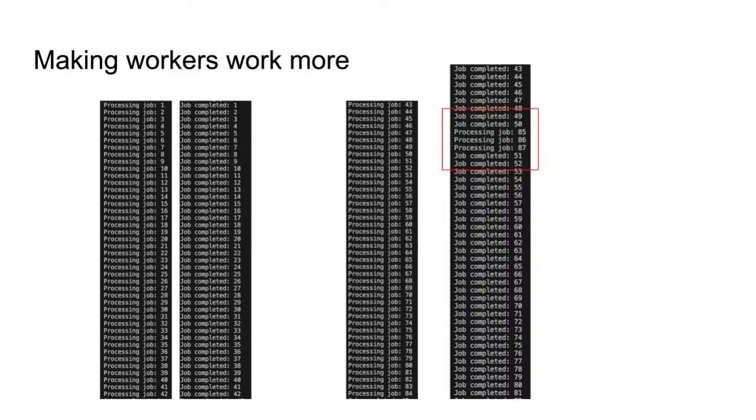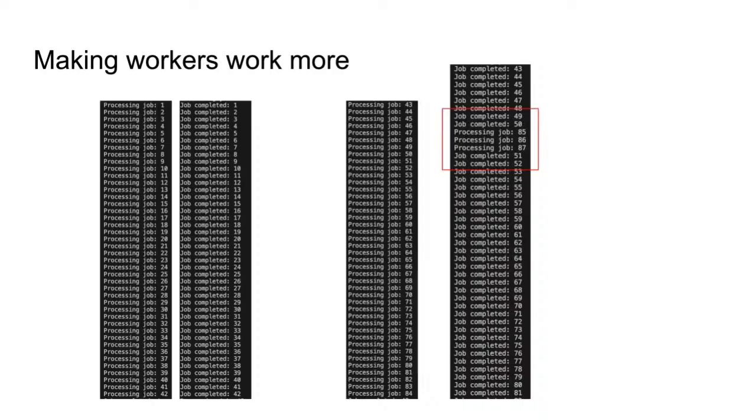And then it started processing the 86 and 87. And just then it completed job 51. That's because the delay for those was not complete at that time. So it had some free time. So it watched the queue, saw that there were more jobs to be taken, and started working on them.